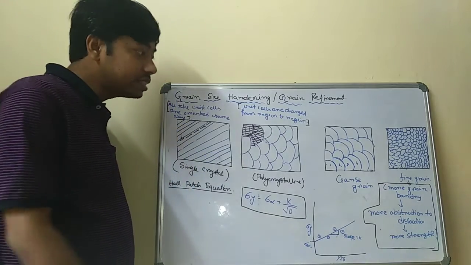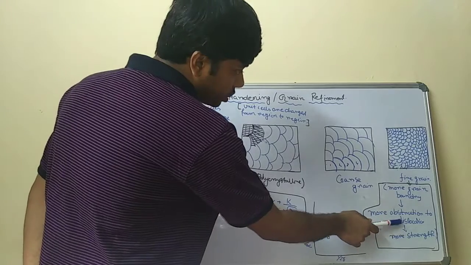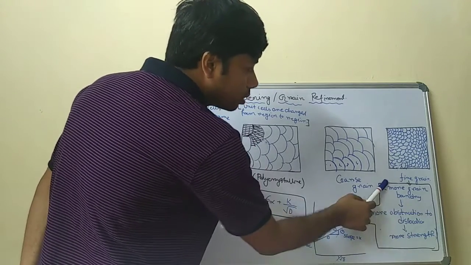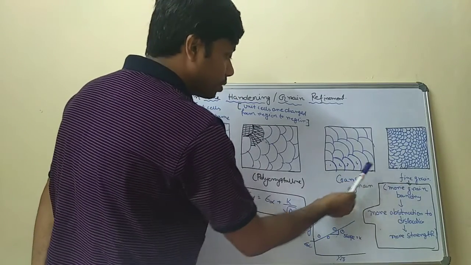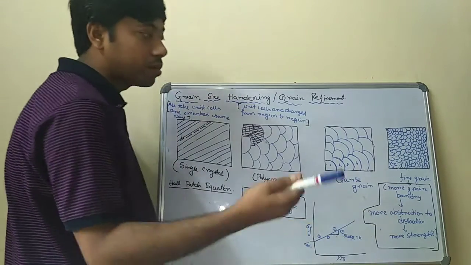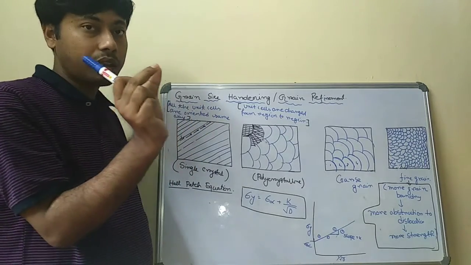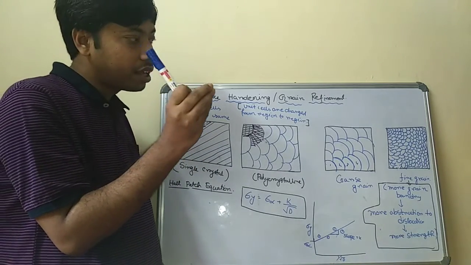Now this is a very important point: more obstruction to dislocation, because there are more grain boundaries. In which case are there more grain boundaries? In the case of fine grains, because there are a large number of grains.